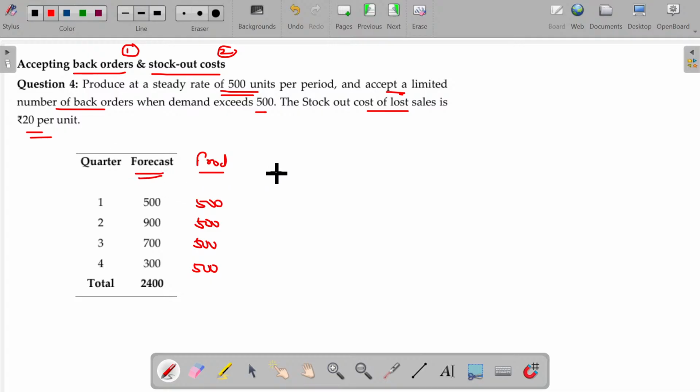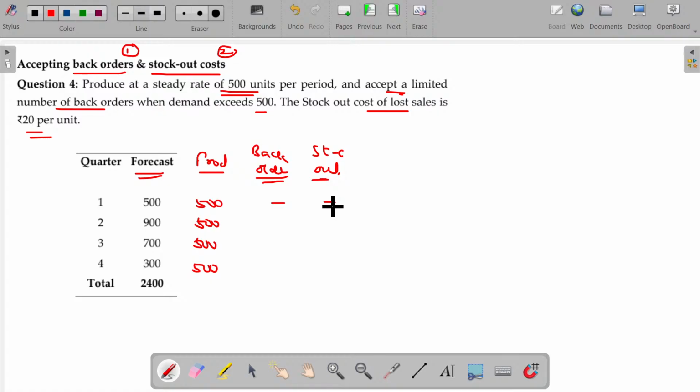Now what about the stock out here? Back order and stock out. So first quarter no problem. Whatever the demand is, we met with the production.